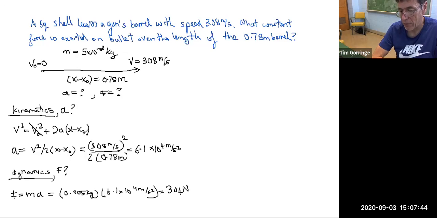In the kinematic step, we used equations of motion that allowed us to figure out the acceleration from the known initial and final velocities and distance traveled. And then for the dynamic step, we used Newton's laws. We used the second law of motion, which tells us how accelerations are caused by forces.